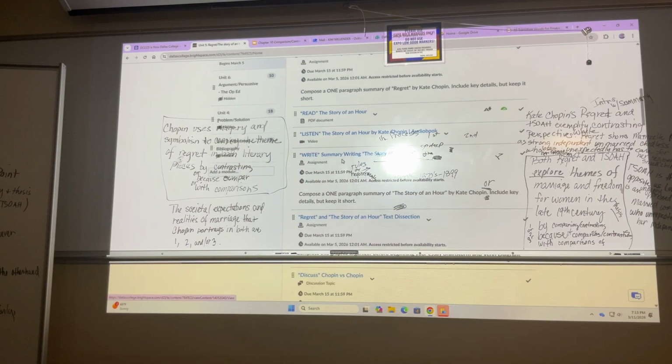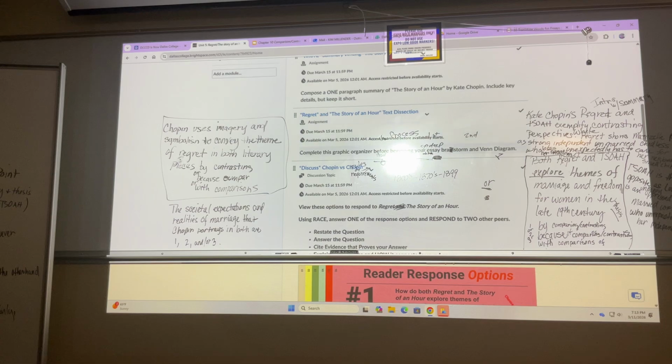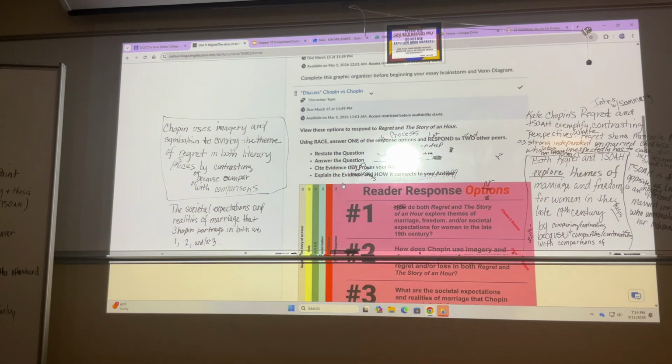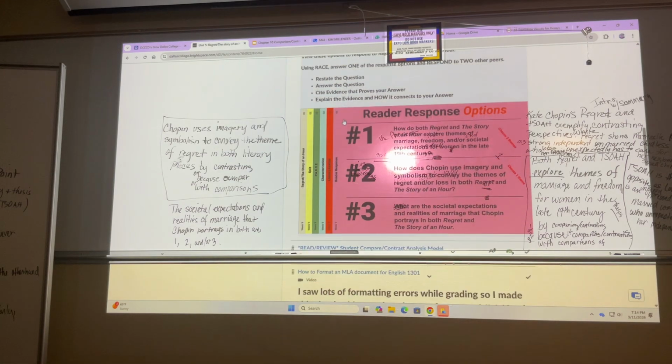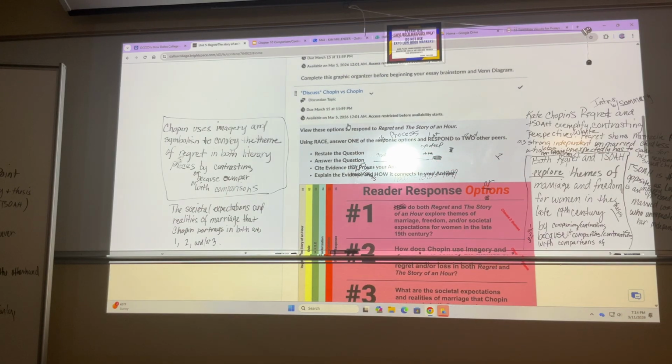This is where you write your summary of The Story of an Hour, and then you have your text dissection where you're doing whatever. And this in your discussion. Do you want us to just put our intro, summary, thesis? No, this is a discussion. This is a discussion, okay? So you're literally supposed to go in and discuss.